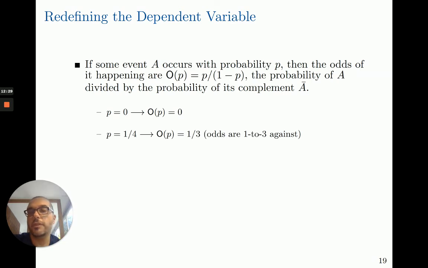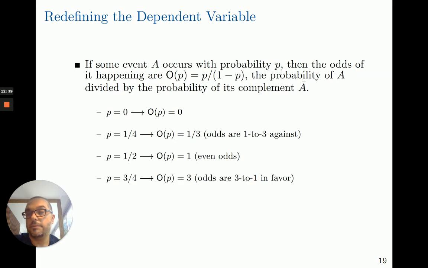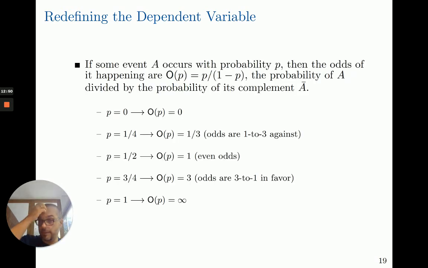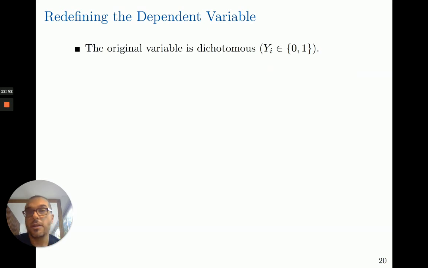P equal to 1/4, O_P is 1/3, so odds are 1 to 3 against. P equal to a half, O_P is 1, even odds. P equal to 3/4, O_P is 3, so odds are 3 to 1 in favor. P equal to 1, O_P is infinity. So this is the basic definition.